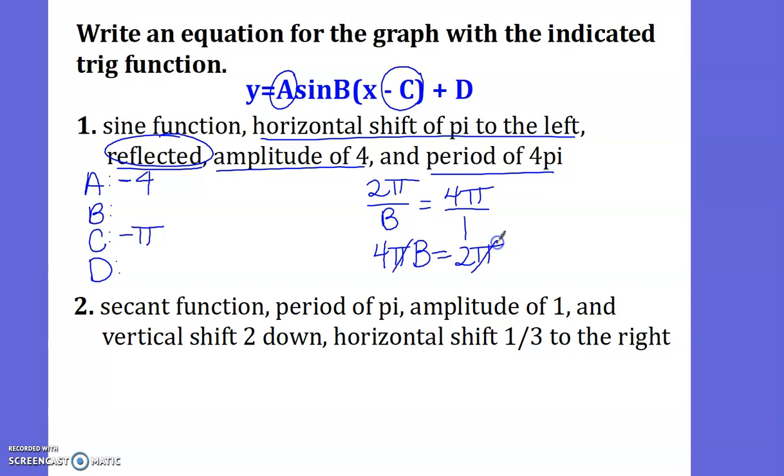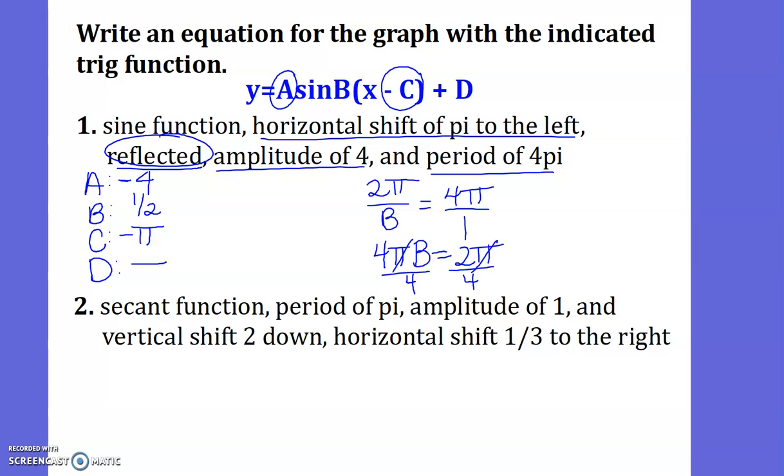Well, the pi's cancel out, divide by 4. B is 2/4, which is 1/2. It doesn't mention anything about a vertical shift, so we know that there's no vertical shift, so we won't have that D there.